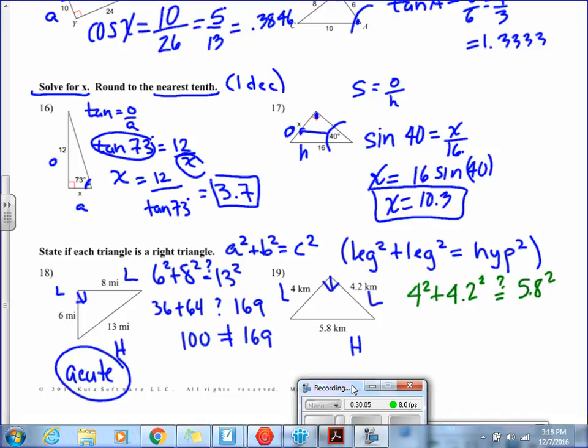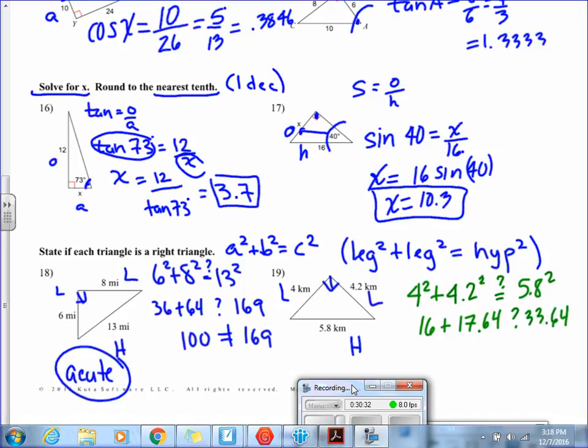Now, this is not something that I just stare at and do in my head. I'm using my calculator. 4 squared is 16, and 4.2 squared is 17.64, which makes sense. It's going to be more than 16. And 5.8 squared is equal to 33.64.